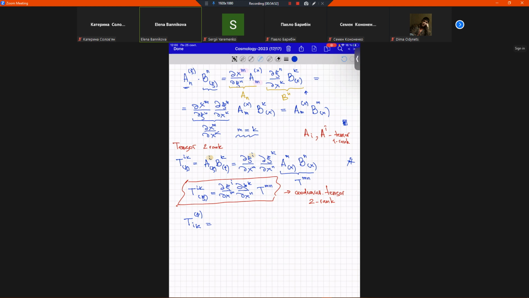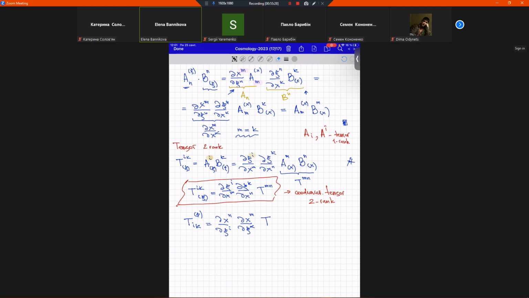Okay, so look at the transformation here. For covariant, it will be dx by dx C i. Here I put n, dx by dx C k. And you can see again that x C takes the indexes from the left part, from the T. I will put m here and m here.